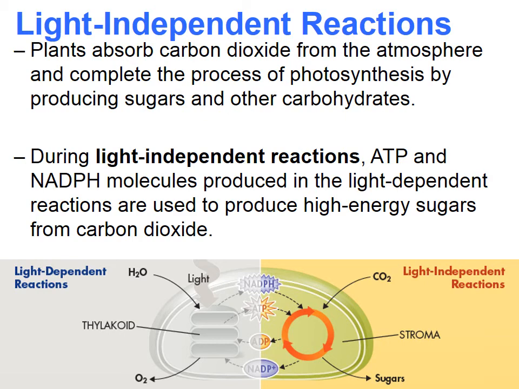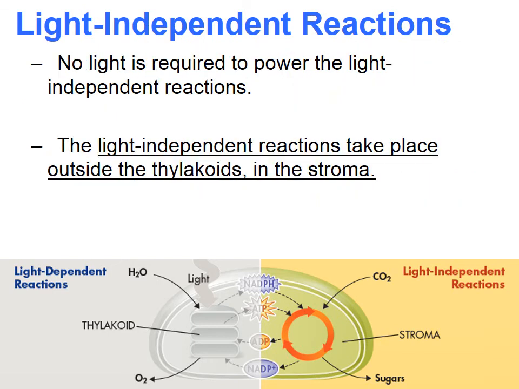Now in the light independent, do you think light is required? No, no light is required. And this part takes place in the stroma. So light dependent happens in the thylakoid membrane. It uses water and light. Oxygen's given off. NADPH is a product. ATP is a product.